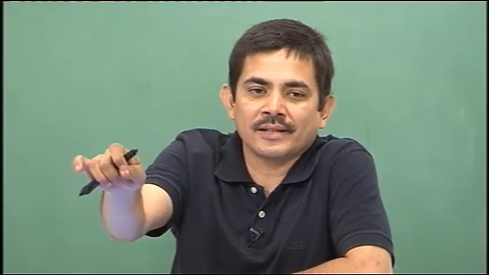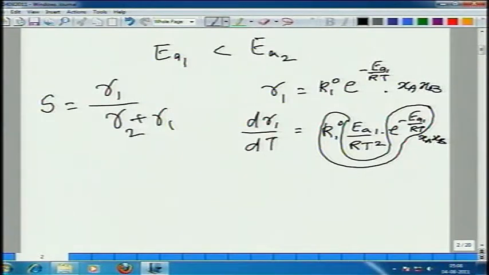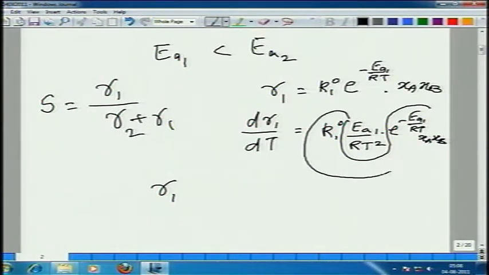I change the temperature slightly. How does my reaction rate change? That is the sensitivity of reaction rate to temperature, dR1 by dT. So dR1 by dT turns out to be R1. By the way, I am sorry, it is actually this, XA XB is also included.